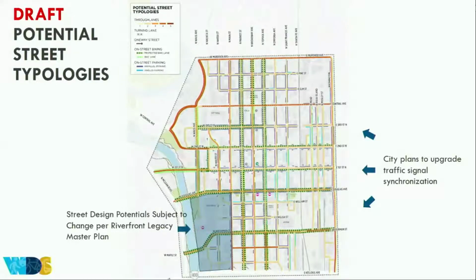And so we mapped that out and said, that's a separate process that is taking place, so we're not going to delve into the streets too in depth there. The other note that you'll see over to the right is notes about the city's plans and initiative to do upgrades to the traffic signals. And that's going to have a big impact on traffic flow and just synchronizing everything. So we wanted to note the benefits that that's going to bring to the whole corridor.